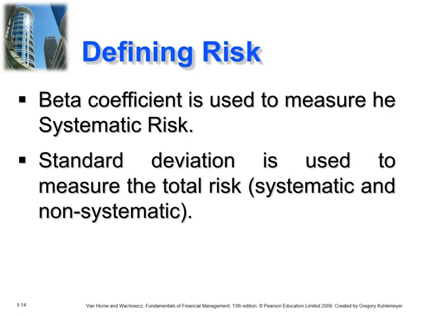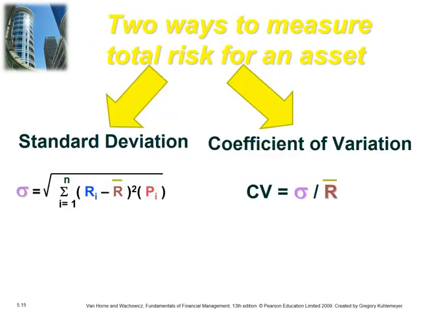Also, I have the coefficient of variation, which I can use to measure the total risk. Two ways to measure total risk for an asset: standard deviation and coefficient of variation. We will take the role of each one of them in detail in the next slides.